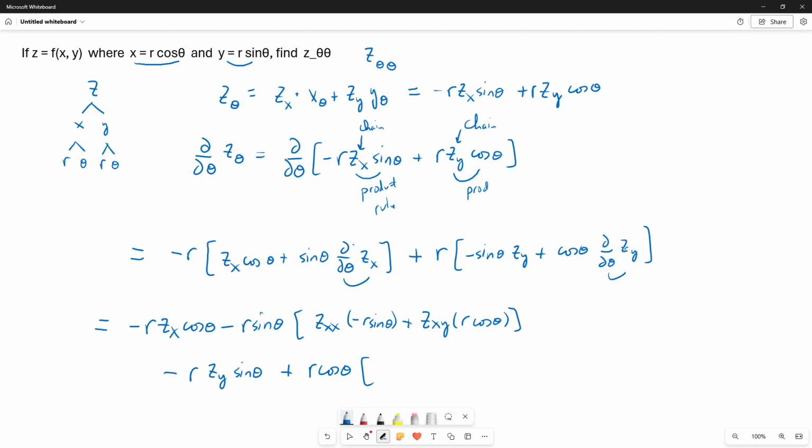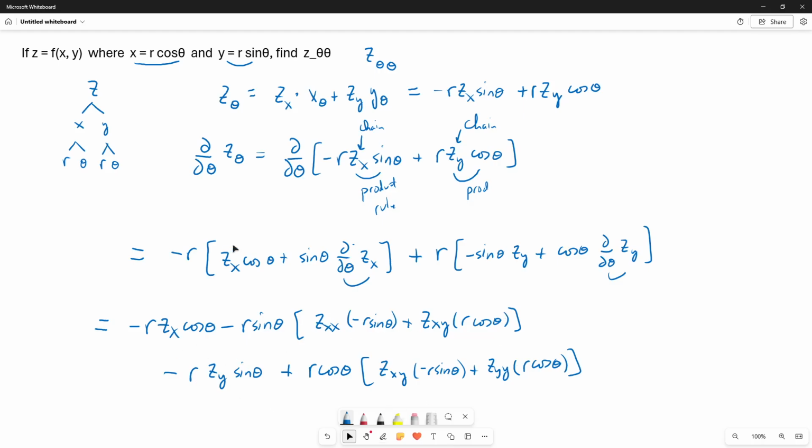So we'll take the derivative of z sub y with respect to x, so that's z sub xy, times the derivative of x with respect to theta, and that's negative r sine theta, plus the derivative of z sub y with respect to y, so that's z sub yy, times the derivative of y with respect to theta, which is r cosine theta. So this is our answer.